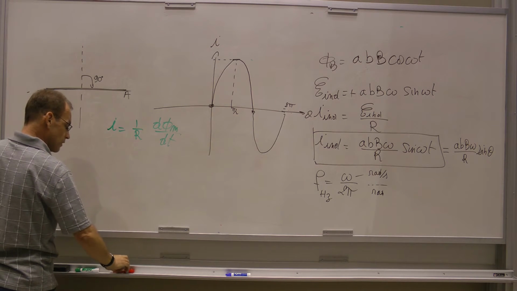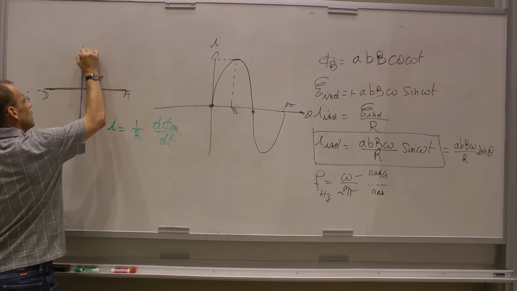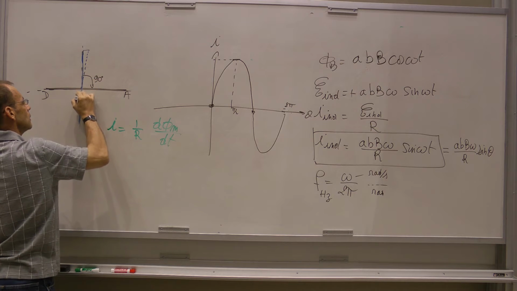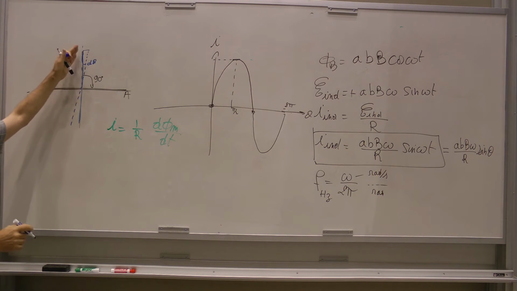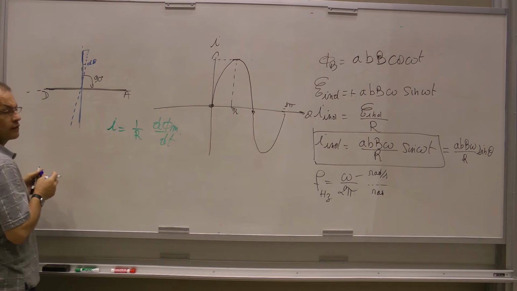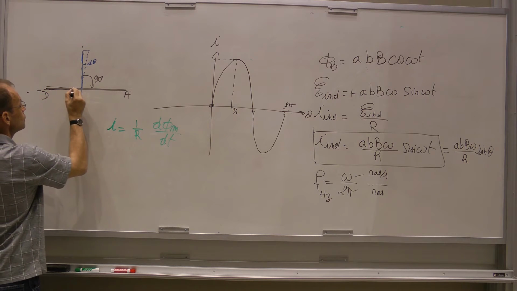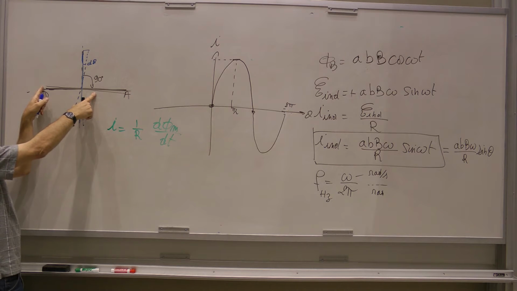Whereas when the loop is vertical, here, a small change in angle, a small tilt of the loop d theta, is not going to have a lot of effect on the section of the loop experiencing the magnetic field. Again, here it would have a huge effect. It's going from zero to non-zero very rapidly.